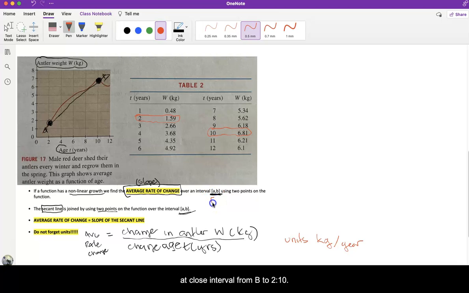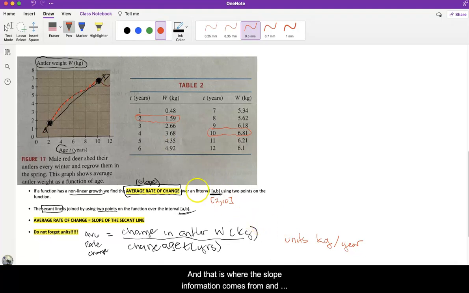So that closed interval from 2 to 10. And what this would illustrate is these y values would be increasing at some particular rate over that interval. And that is where the slope information comes from.